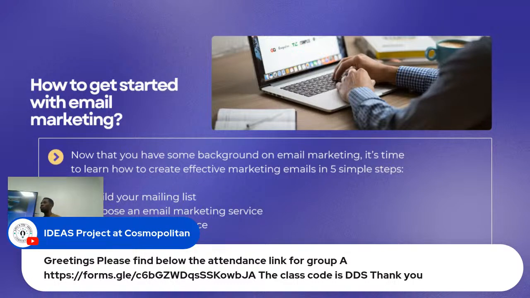There are some people that you wouldn't want to send a particular kind of email to. So you make sure you segment them. There are some people that you just want to send this particular kind of email. So you put those people in different groups in your email marketing service. Then create great content. Just like what we spoke about when we were trying to create the infographic, right?